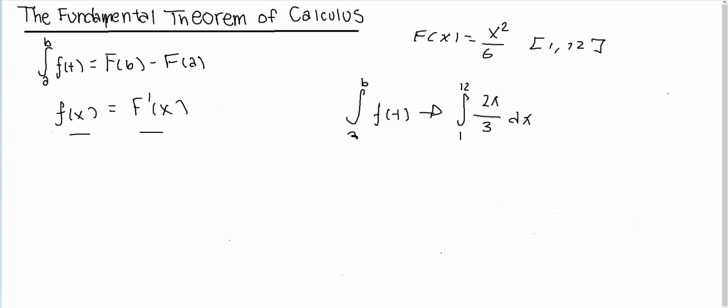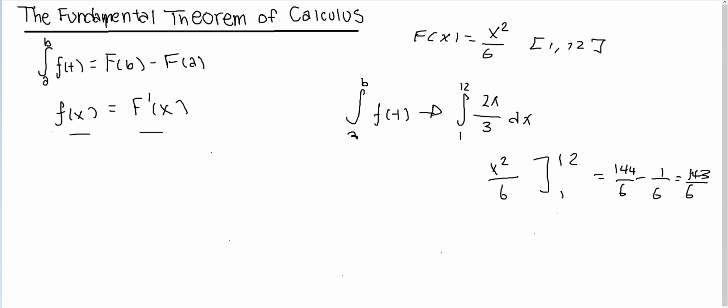Now, when we integrate this function, the integral of 2x over 3 dx is x squared over 6 from 1 to 12, which will give us 144 over 6 minus 1 over 6, which is equal to 143 over 6.